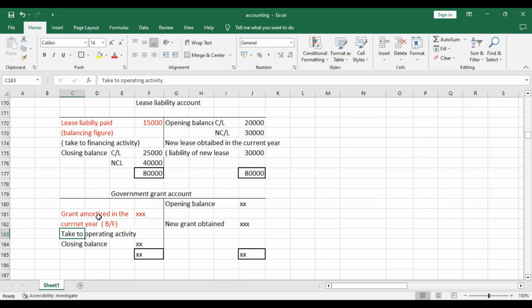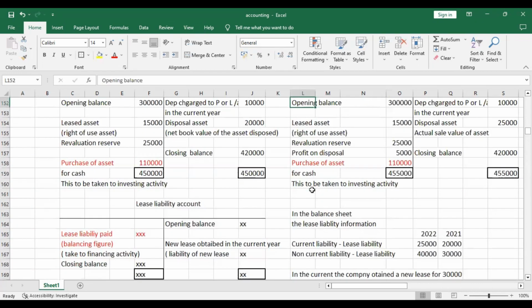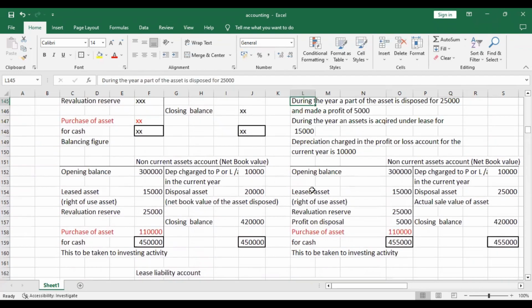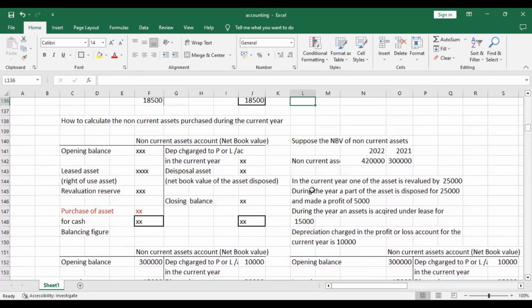Suppose if it is given in the P&L account, then you have to identify the new grant obtained, new grant received, or cash received. So this is where you need to understand the different accounts you need to prepare. Depending upon the situation, there may be some more accounts you may need to prepare. These are the most important.